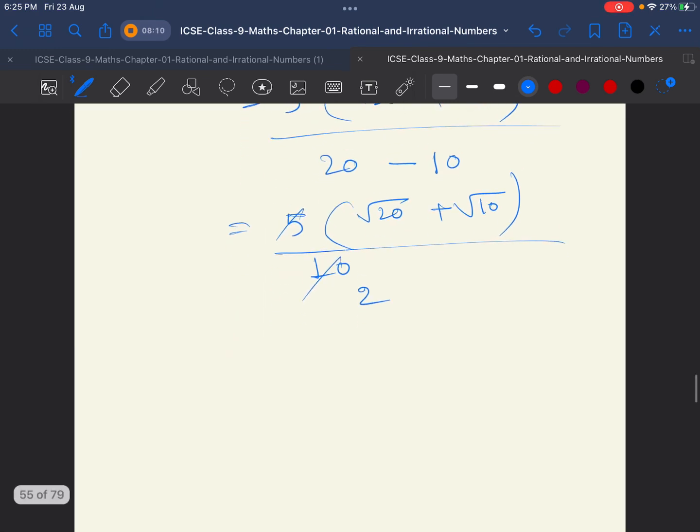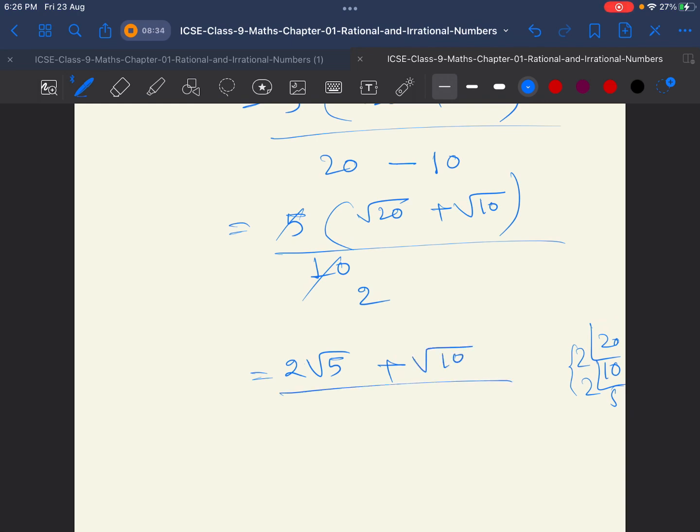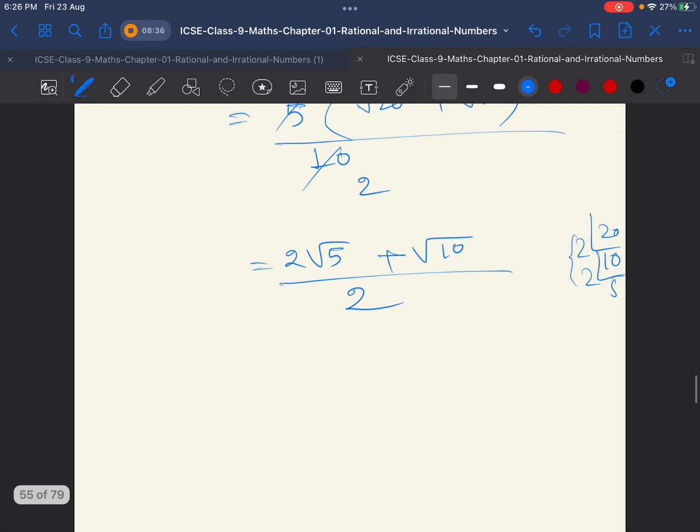So 5 2s are 10. So we can write root 20, 2 10s are 20, 2 5s are 10. So from this pair we have 2 root 5 plus root 10 by 2.